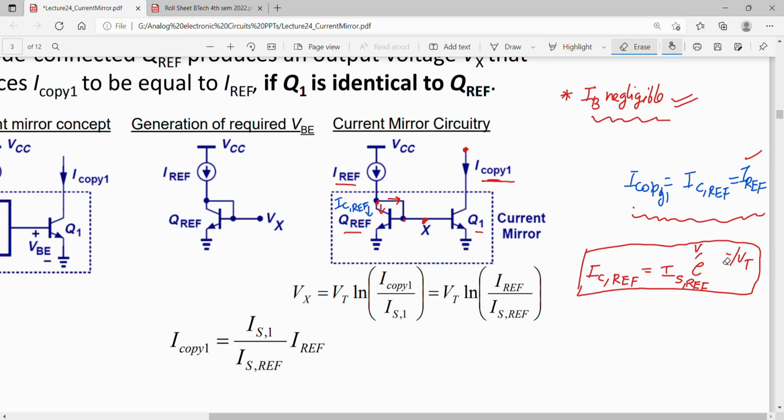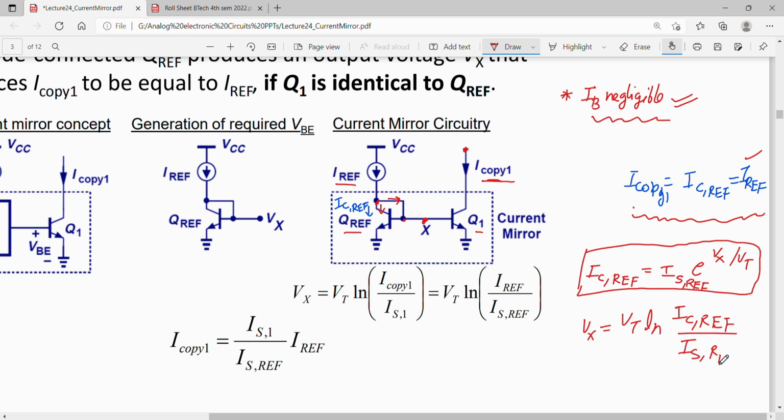So the collector current IC ref is IS ref e to the power Vx by Vt. So from here Vx can be found. So Vx can be written as Vt log IC ref by IS ref.